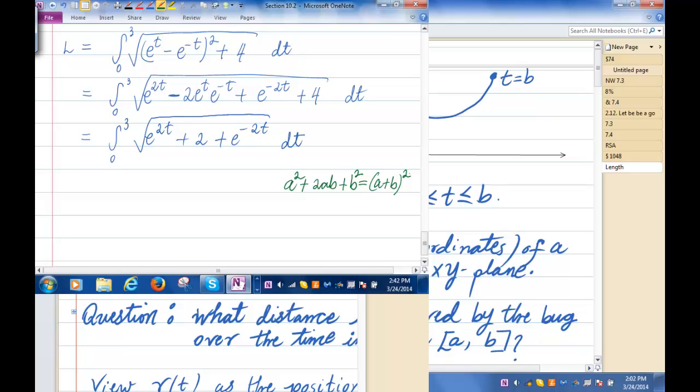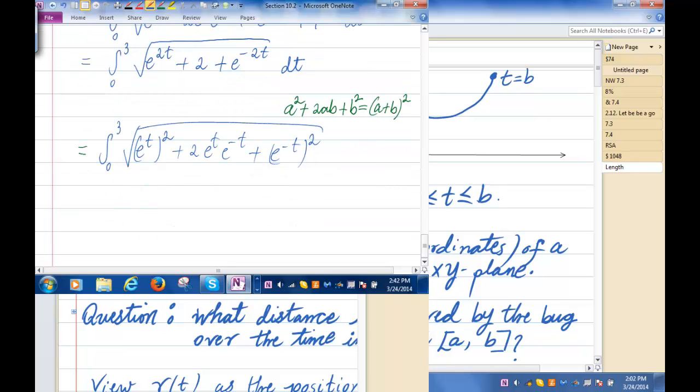You guys agree with that? Well, if I apply that here, notice that this is e to the t squared, plus 2 times e to the t, e to the negative t. I'm rewriting 2 as that. And then this is e to the negative t squared.